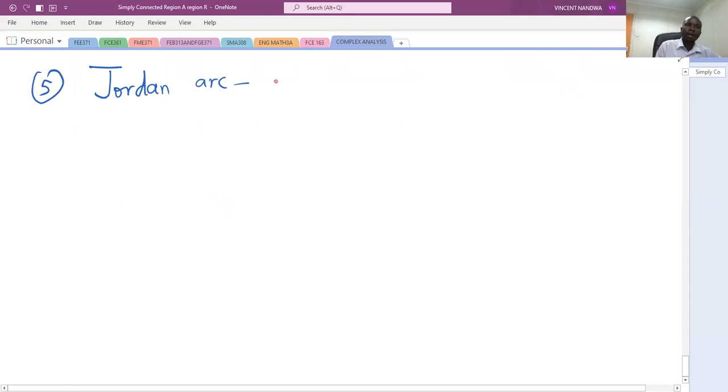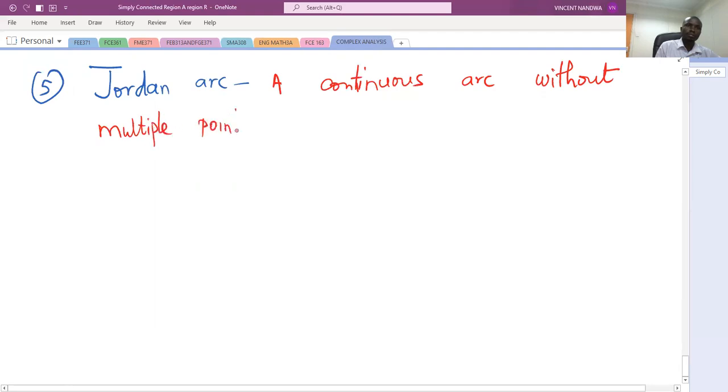A continuous arc without multiple points is called a Jordan arc.